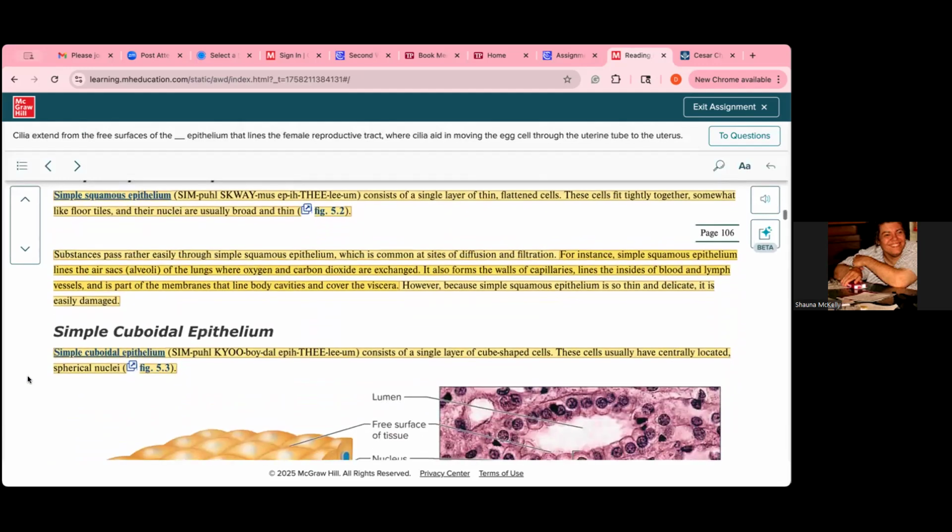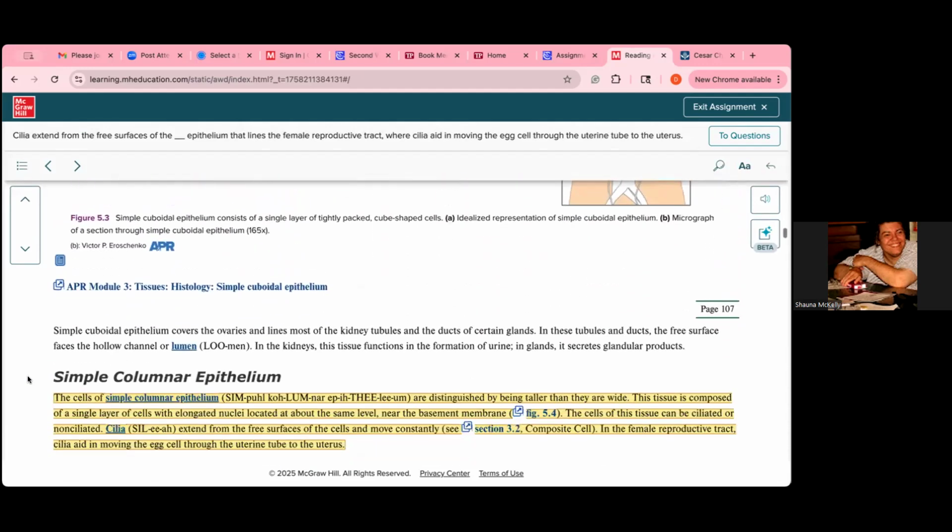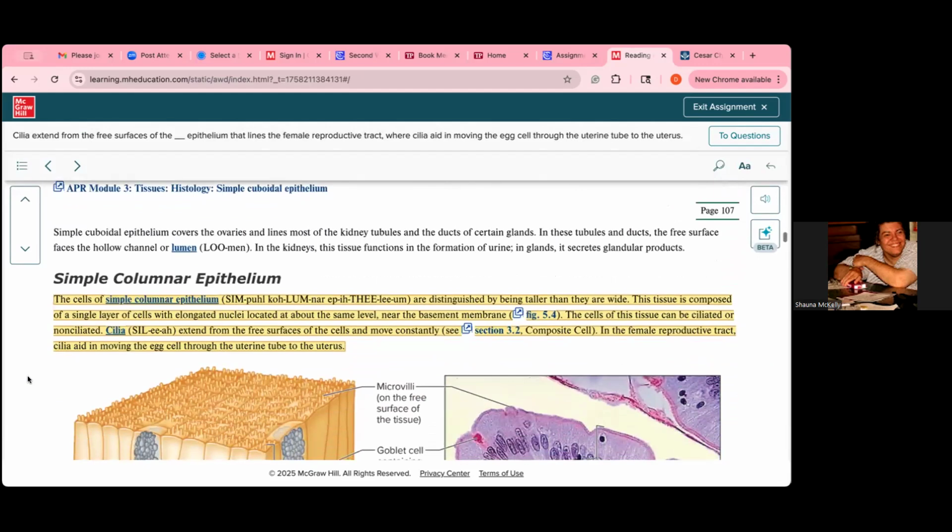Okay, this is simple squamous. This is simple cuboidal. Keep going. Okay, so we're here, simple cuboidal cells. Okay, simple columnar epithelium. The cells of simple columnar epithelium are distinguished by being taller than they are wide.